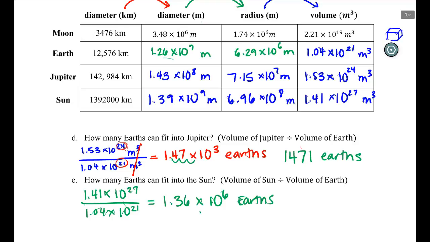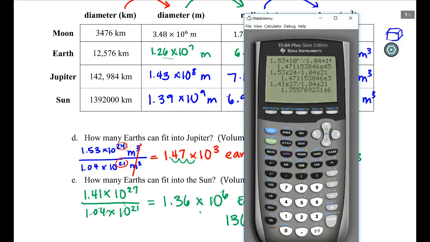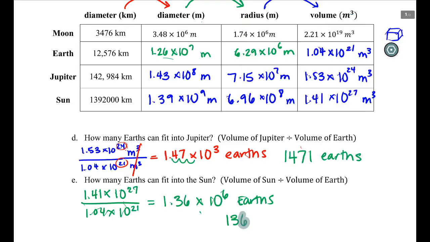And again, if you really wanted to, you could just write this in its decimal form, the normal format, 1,355,769.